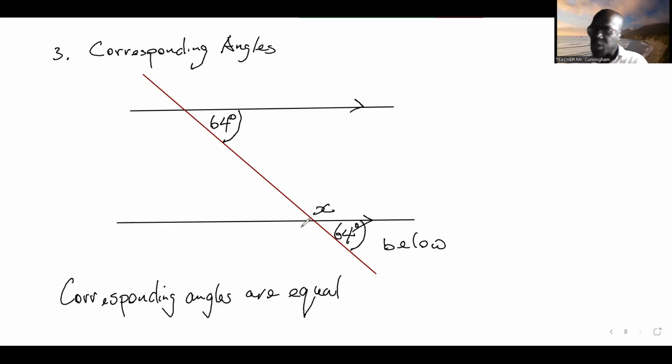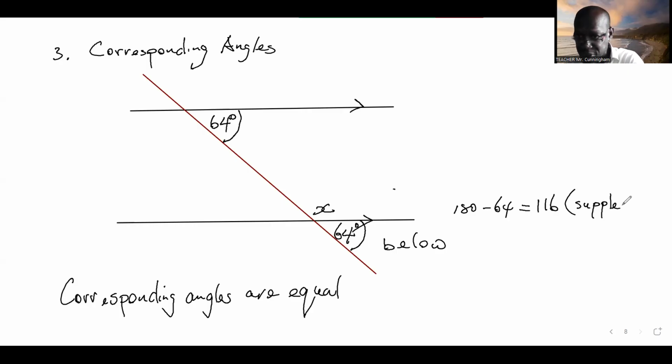116 degrees. Because it's a straight line, 180 minus 64. But CXC wants a reason. So that would be 116. And if you put supplementary, you're done.